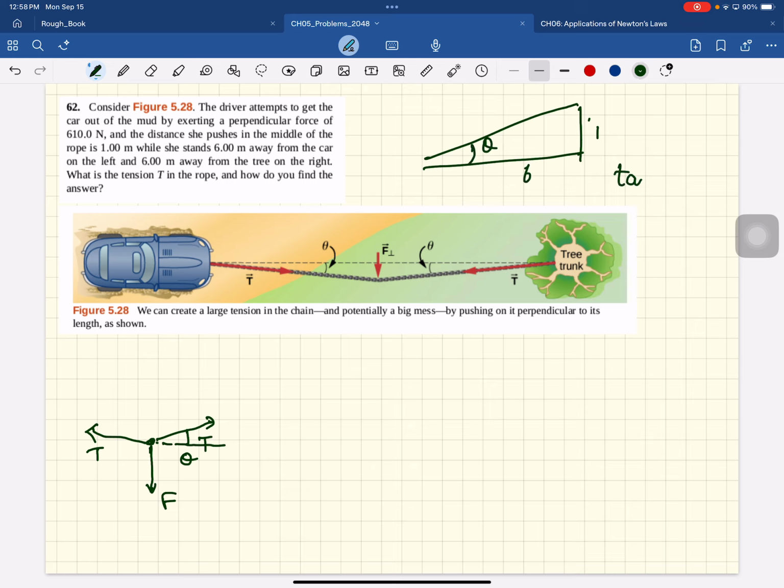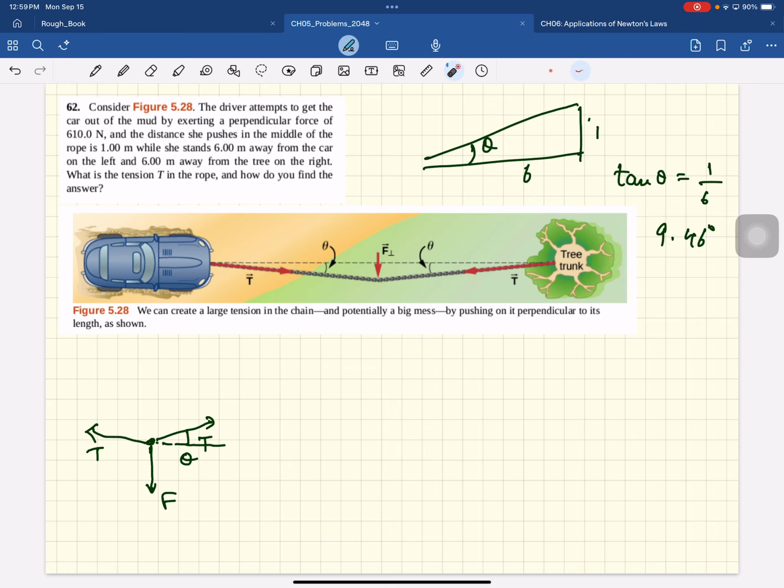So tan theta is 1/6, and theta is equal to 9.46 degrees.